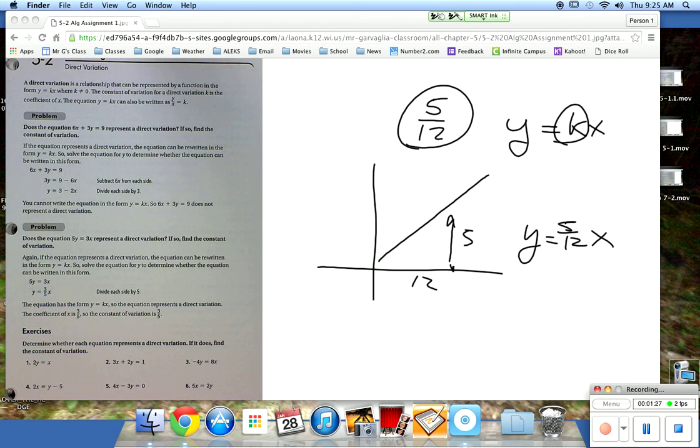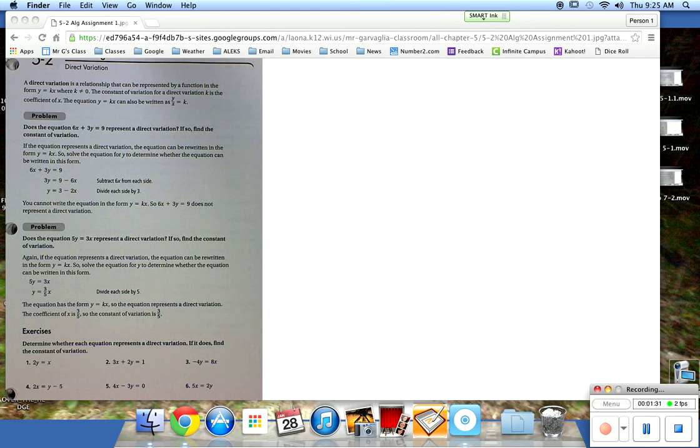Now, if you had something else, let's say y equals 5/12 x plus 1, this cannot be a direct variation.